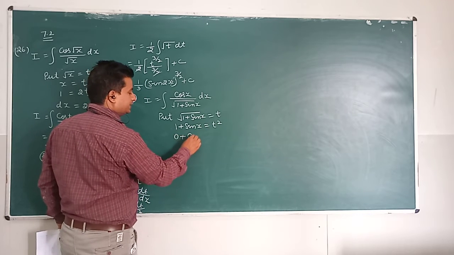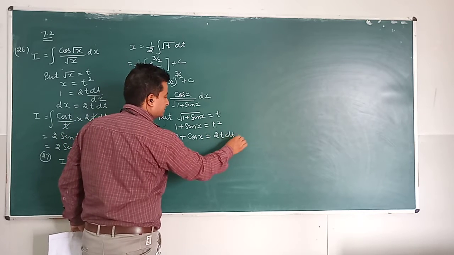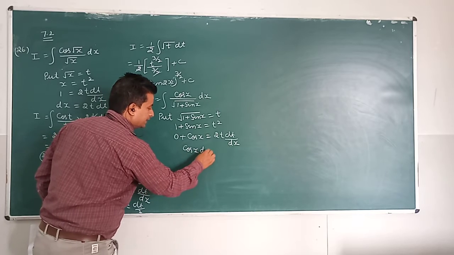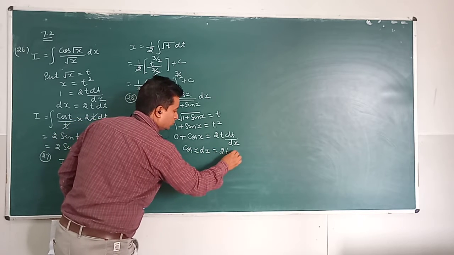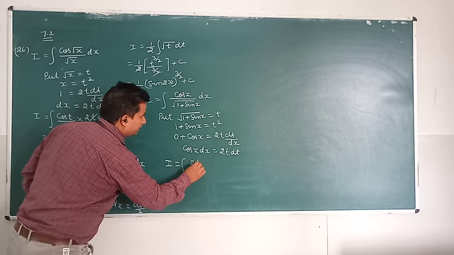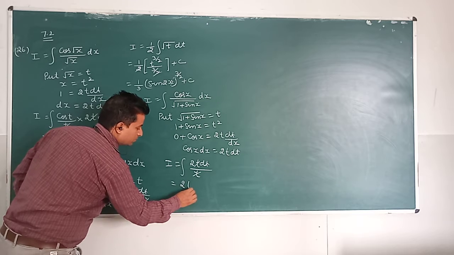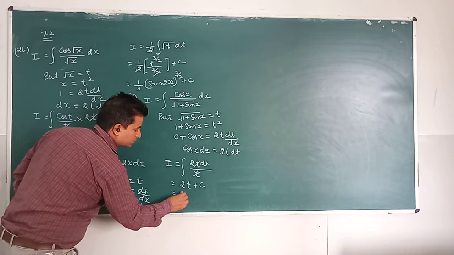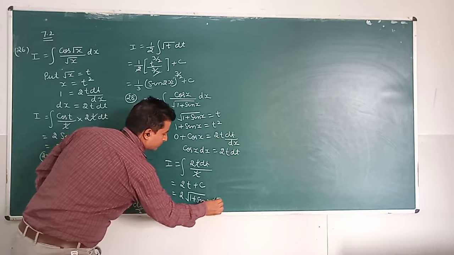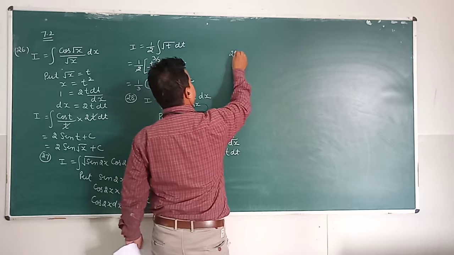When we differentiate with respect to x, the derivative of t square is 2t dt upon dx. So cos x dx is equal to 2t dt. So its integration is 2t dt upon t. This t cancels out. Integration of dt is t. So its integral is root 1 plus sin x plus c. This is the answer of question number 28.